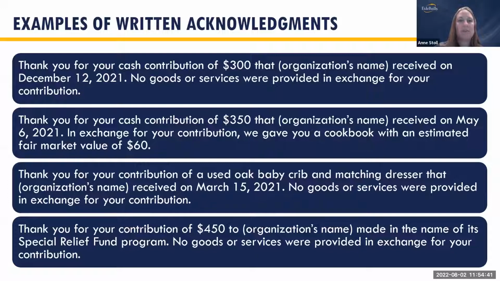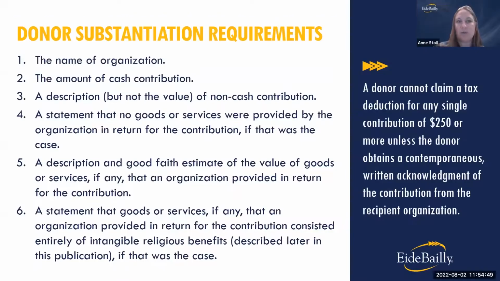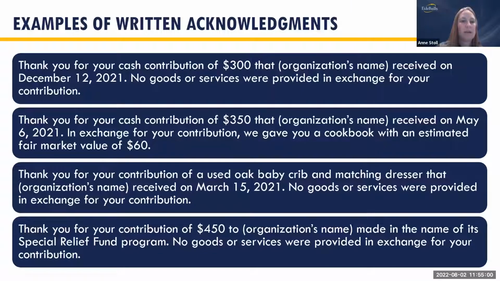I included some examples for you regarding these written acknowledgements. Go through, read them, compare them to what you have, compare them to the information on the previous slide, and make sure that what you're giving out to your donors does meet this requirement. The IRS has been going through and disallowing contributions for donors when these conditions are not met.